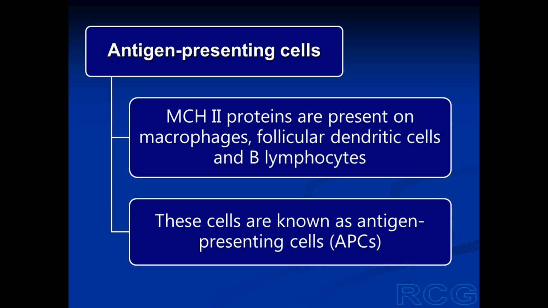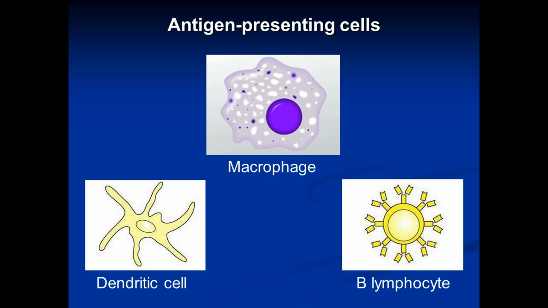So these three types of cells which present antigens to helper T cells are known as antigen-presenting cells. And these cells present the foreign antigens to helper T cells.